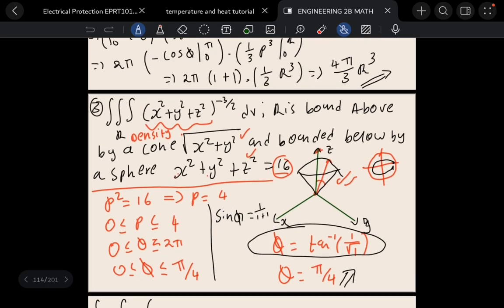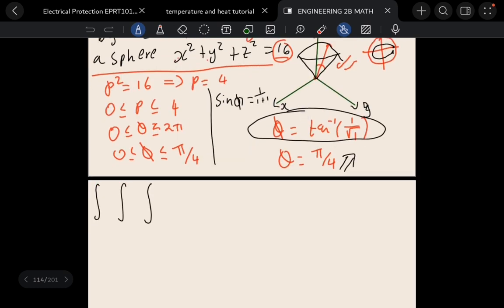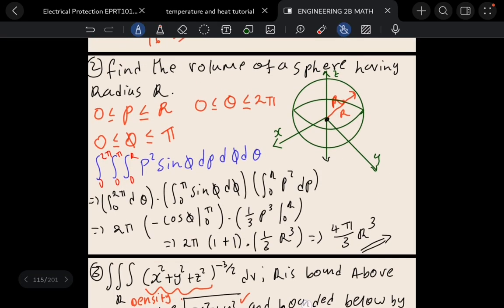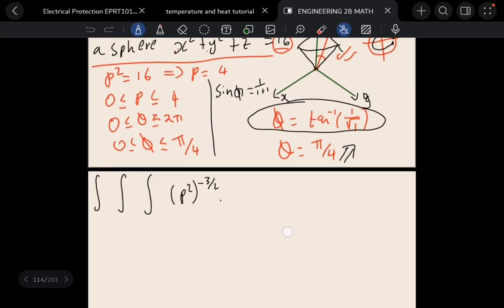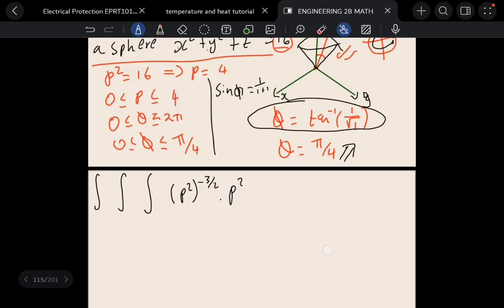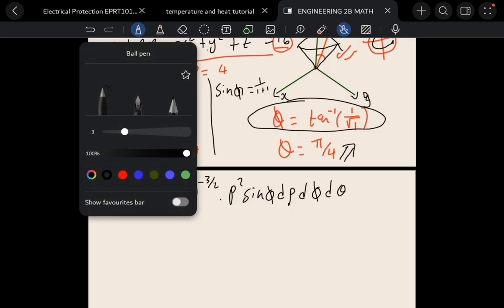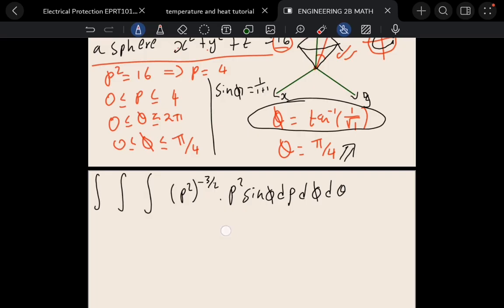first of all, your density function will be rho squared to the power negative 3 over 2 times rho squared sine phi d rho d phi d theta, right? And then what you can notice is that your rho will start from 0 to 4.